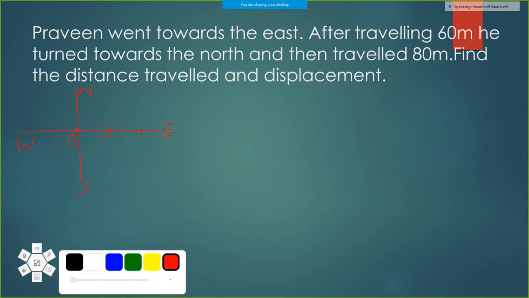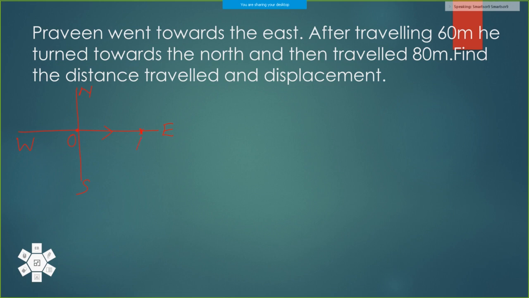This point is A, and he has traveled 60 meter. And then he traveled 80 meter towards the north. North is in the upward direction. This is 80 meter, and he reached a position B. Then here, what is the distance travelled and displacement?